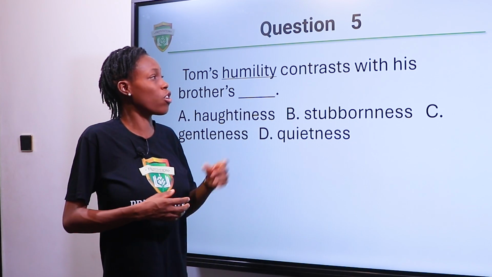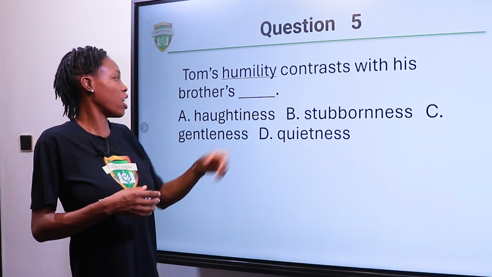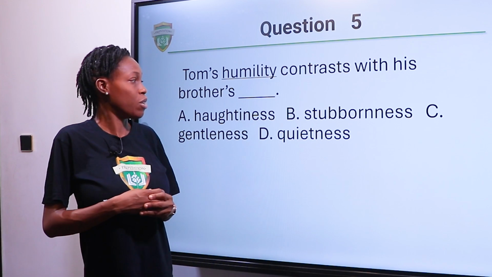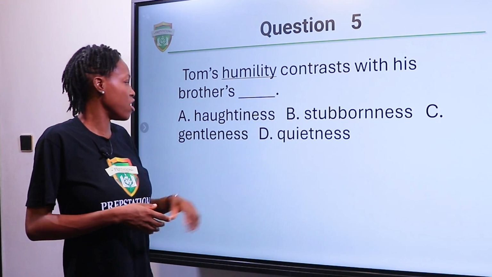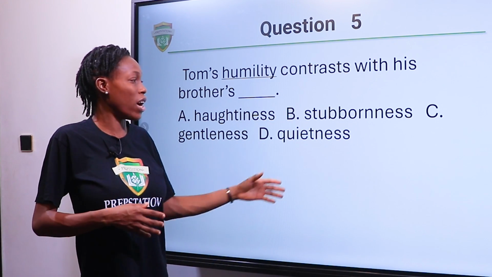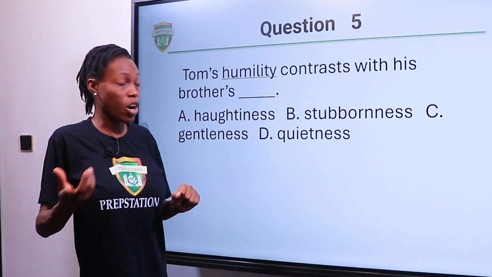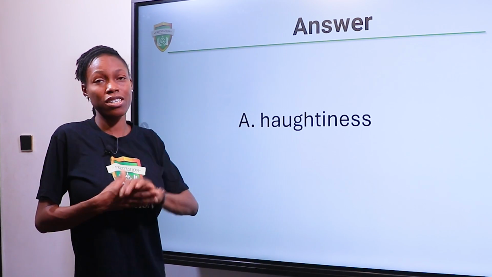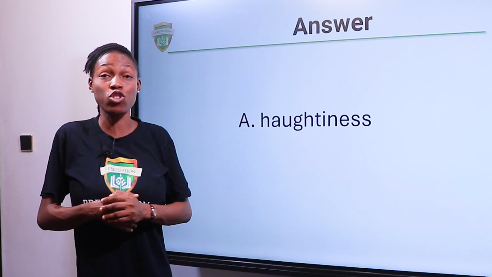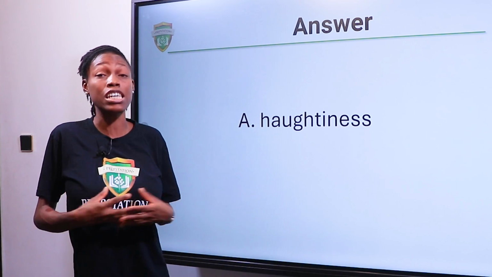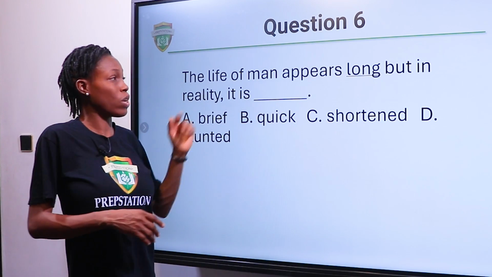Question 5. Tom's humility contrasts with his brother's dash. A, haughtiness; B, stubbornness; C, gentleness; D, quietness. Humility, the opposite, haughtiness. Someone who is haughty could be said to be proud and thinks highly of himself. Question 6.